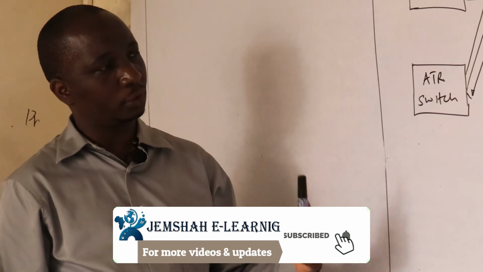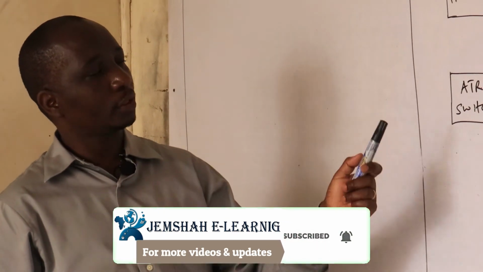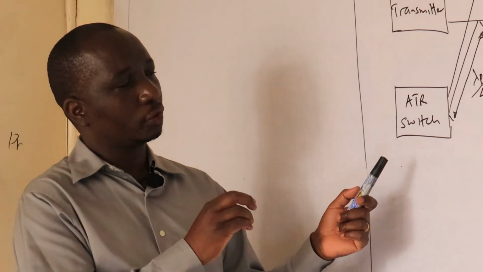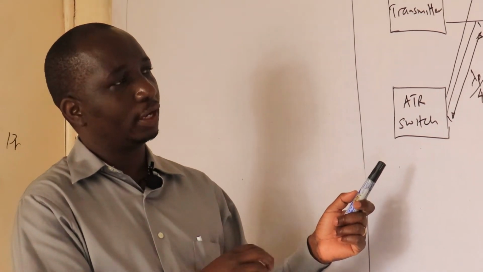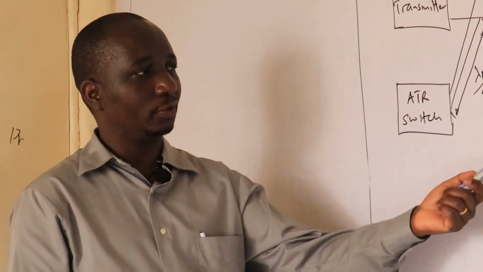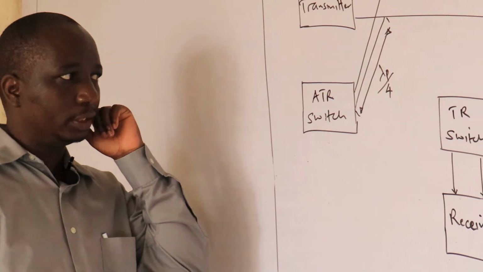When the TR switch short circuits, it creates a point of low impedance, and the signal is not coupled to the receiver. The signal is sent to the antenna because of the short circuit created on the TR switch.